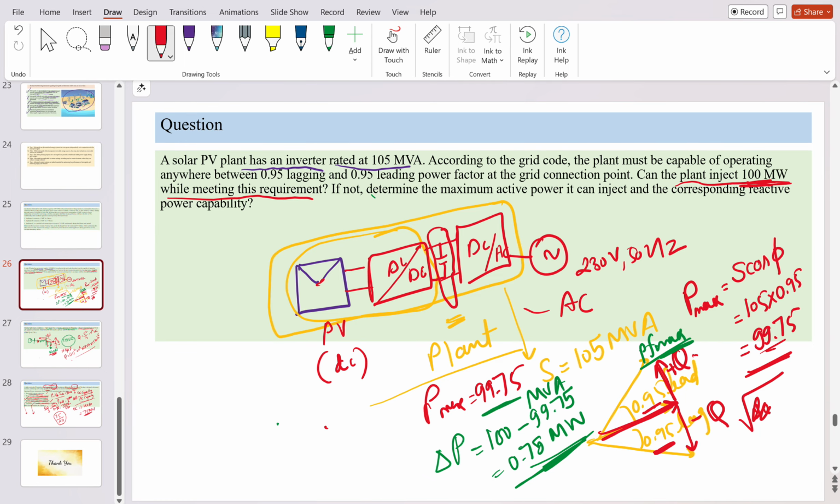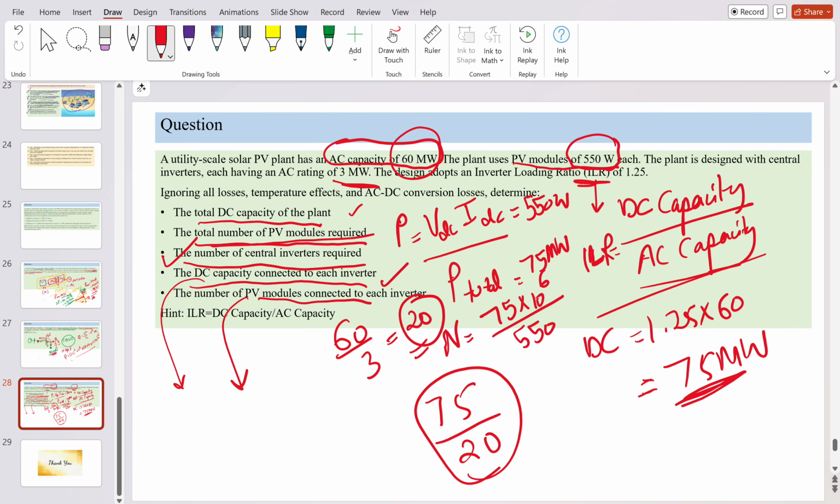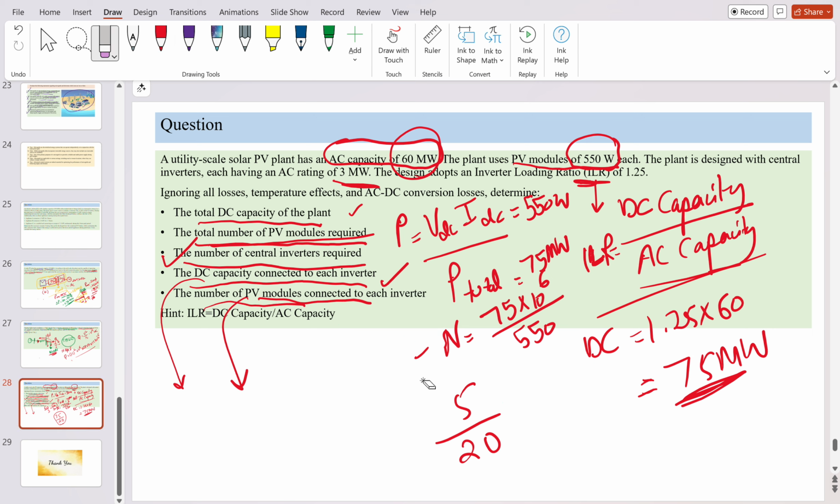Any other questions? Number of PV modules here. So here the number of PV modules, let me erase it here. The number of PV modules connected to each inverter.